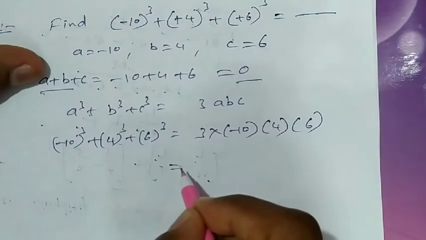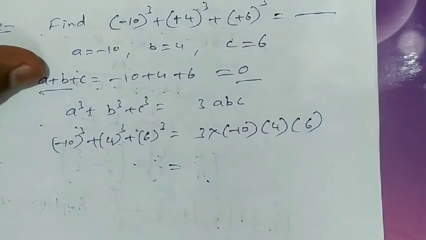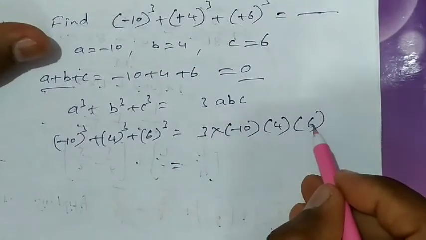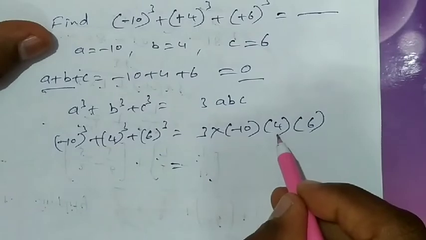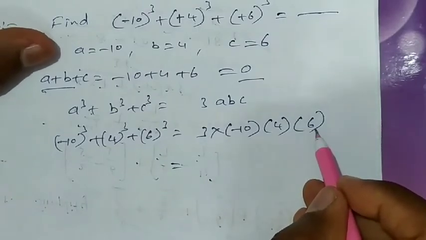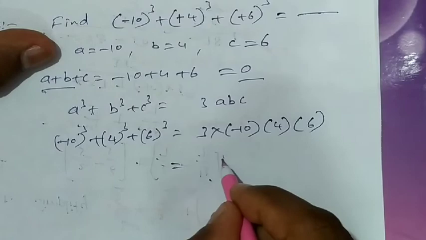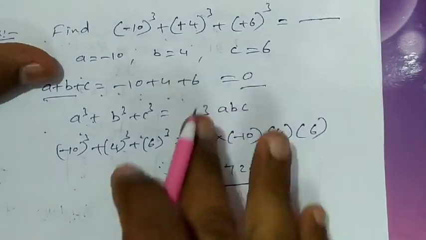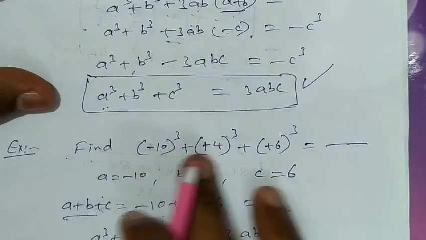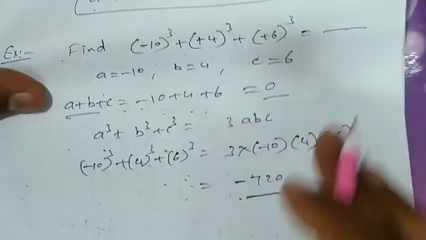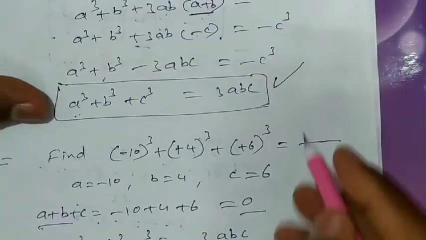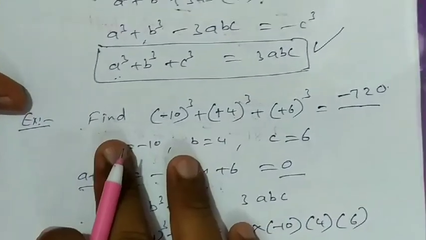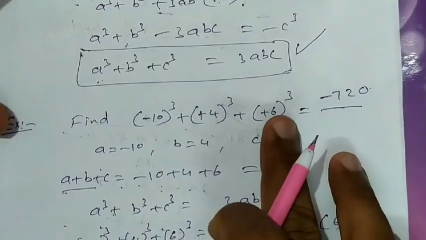That is equal to 3 into minus 10 into 4 into 6. 3 fours are 12, 12 sixes are 72, 72 tens are 720. Here it is negative, minus 720. This is the value. So (minus 10) whole cube plus 4 cube plus 6 cube value is minus 720. That's it. By using this formula, we can find such types of problems.